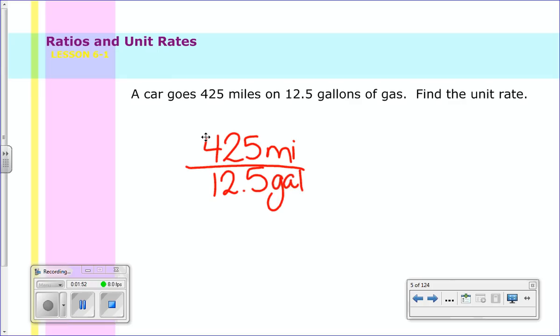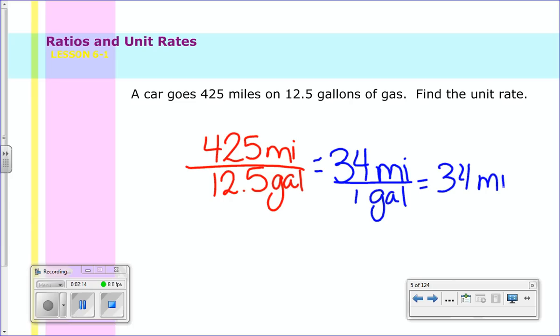Now we can simplify it. And again, you can use calculators in this lesson. So you do 425 divided by 12.5, and we get 34. This is the same as 34 miles to 1 gallon, or just 34 miles per gallon.